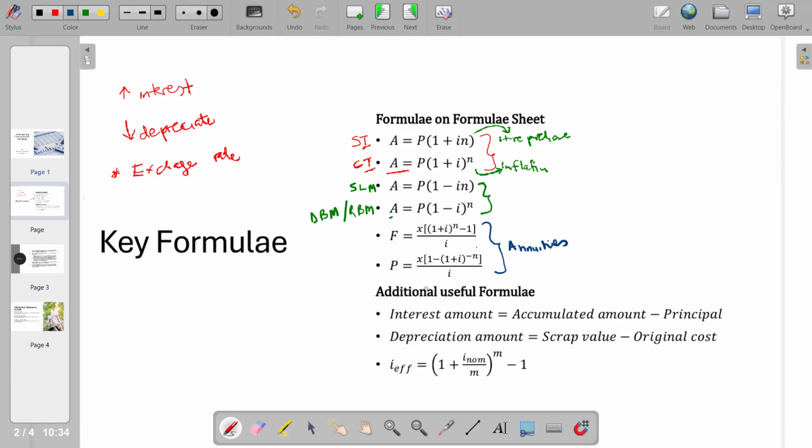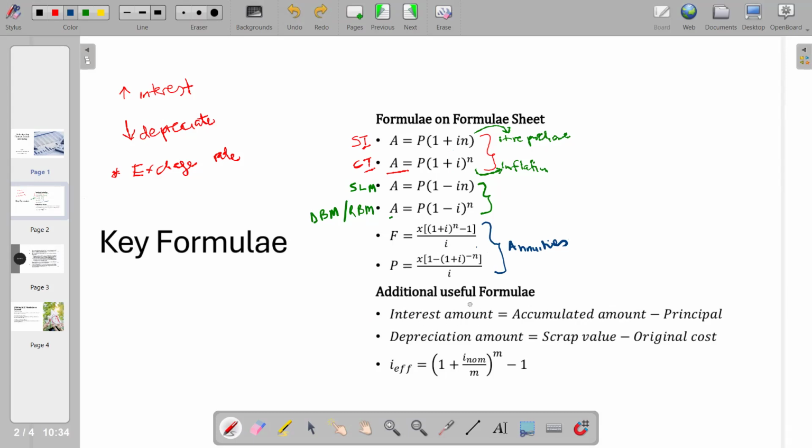In addition to that, there are other formulas which are not on the formula sheet, but you can be required to use them. For instance, the question can say calculate the interest amount. Interest amount is different from the interest rate. The interest rate is given as a percentage; the interest amount is the actual rand value.